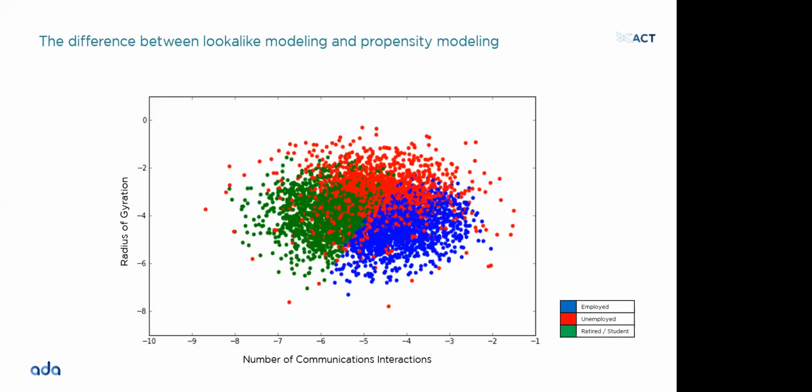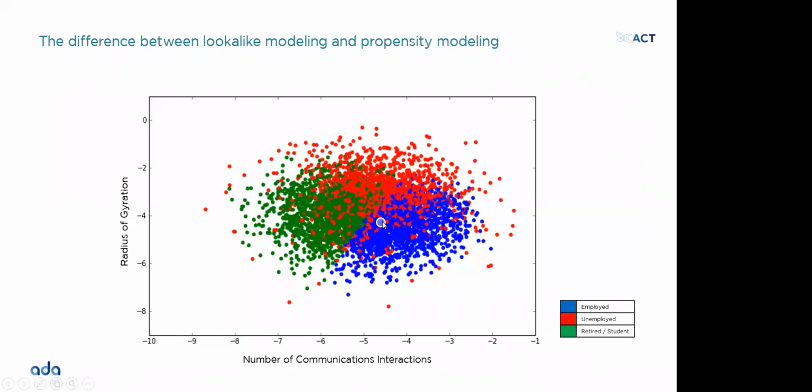Now, what about lookalike modeling? What will lookalike modeling look like in this particular use case? In lookalike modeling, users will be plotted in a multi-dimensional space based on their user attributes. So you get a similar plot as well. But what you do is you identify a group of people for which you know that they have the attribute of interest.